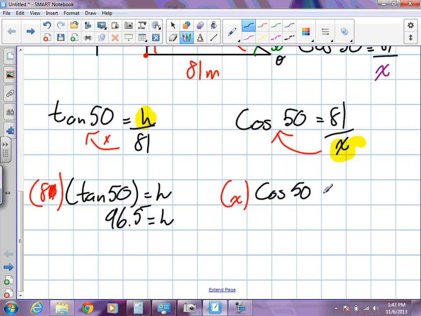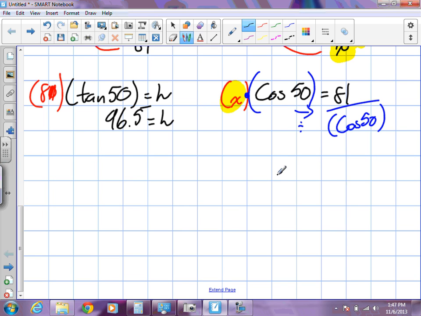Is x by itself yet? No. That's right. I can move cos 50 to the other side. Now, I don't use the inverse here because I'm moving all of cos 50, and this is technically multiplication. So to move cos 50 to the other side, what operation do we use? Division. Remember, cos 50 is some value. We don't exactly know what it is. So x is equal to 81 over cos 50.